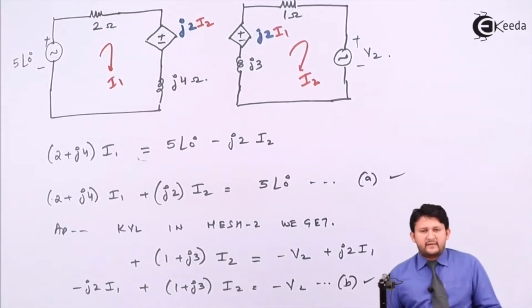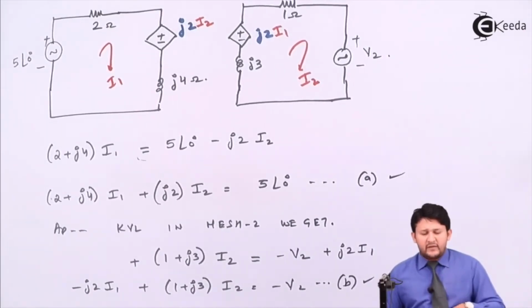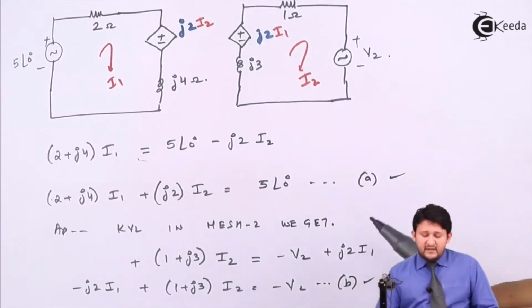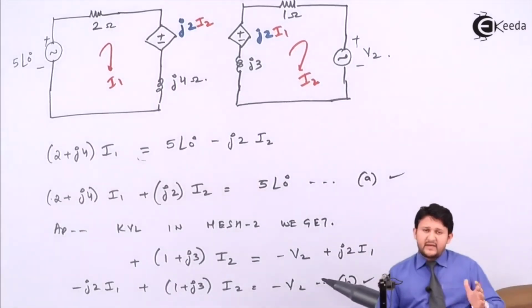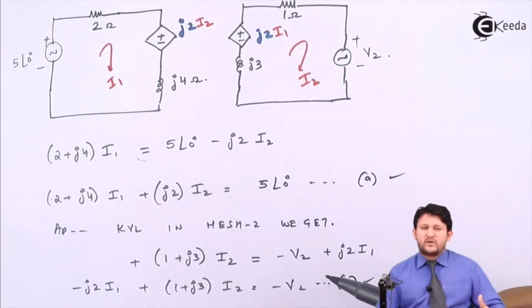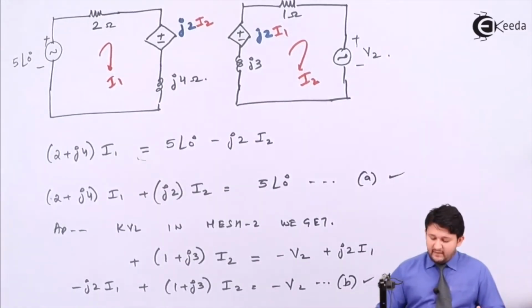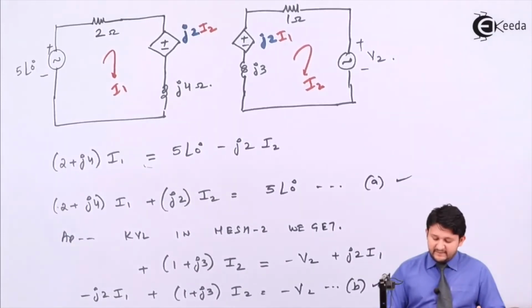Ultimately, I need to find V2. For finding V2, the question says to consider the loop 1 current as I1, so I need to find V2 using I1. Let's find I1 by using equations 1 and 2. Since it has imaginary components, I cannot use my calculator, so I need to solve this manually.